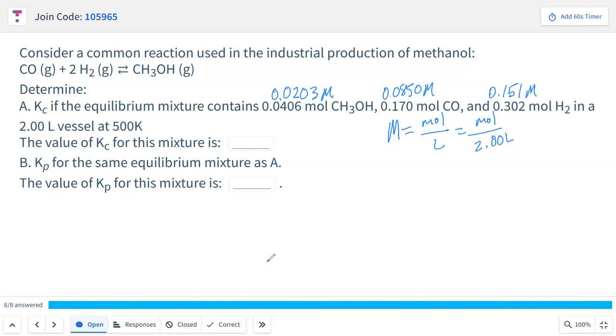So for Kc, we would need the concentration of the methanol divided by the concentration of the carbon monoxide multiplied by the concentration of the hydrogen, quantity squared.